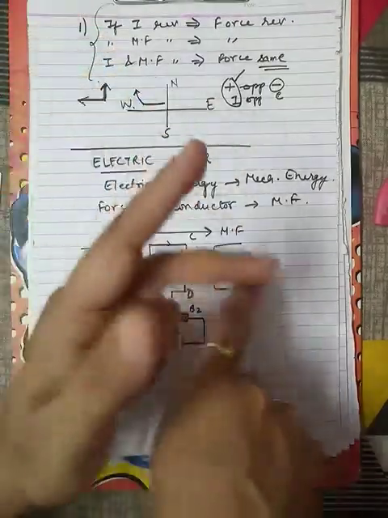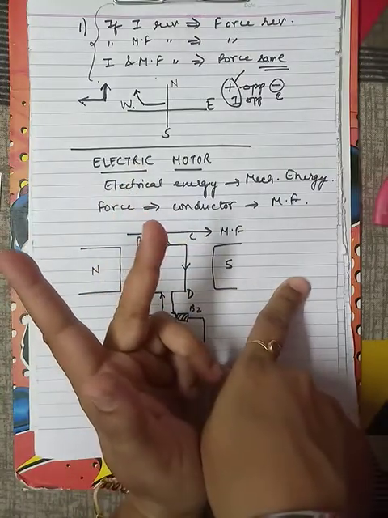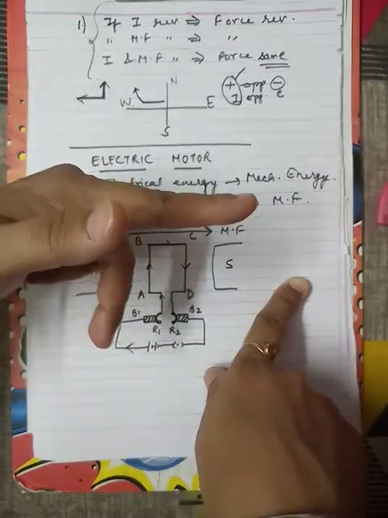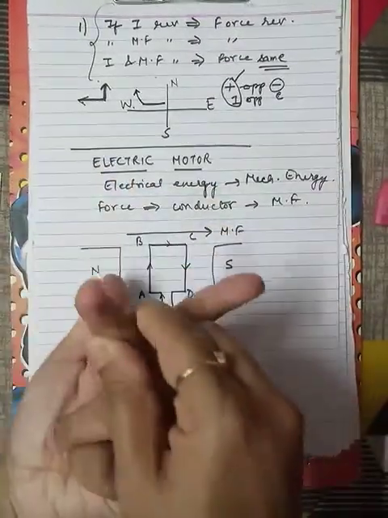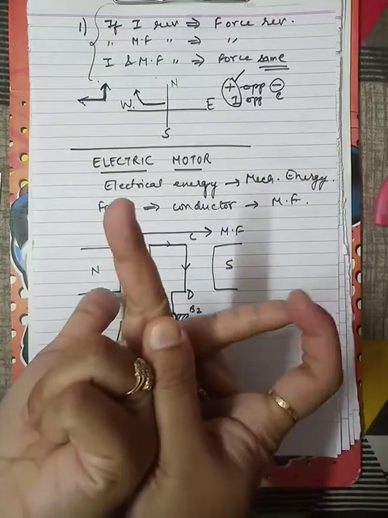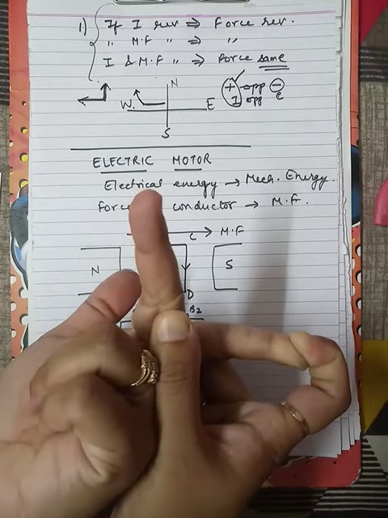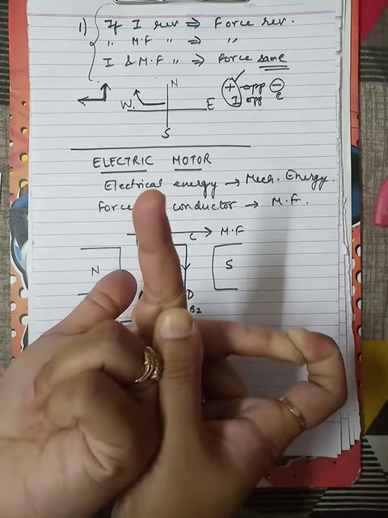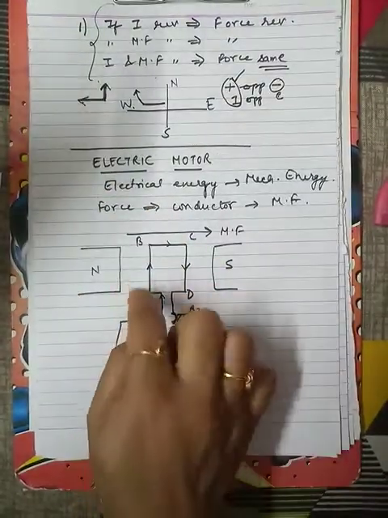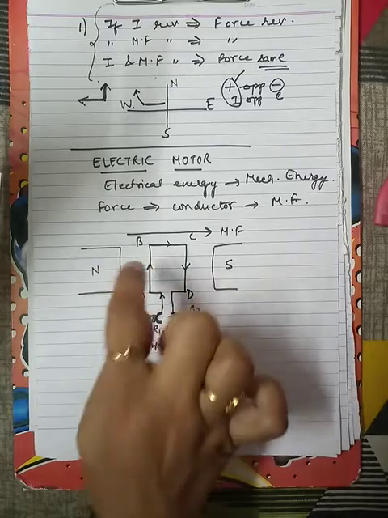According to Fleming's left hand rule, we should know the current direction like this, and the magnetic field in this direction. So where is my thumb? The thumb is in the downward direction, or into the page, into this plane. So this AB side will experience the force and it will move inside.